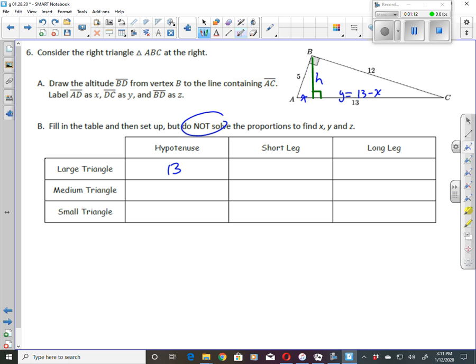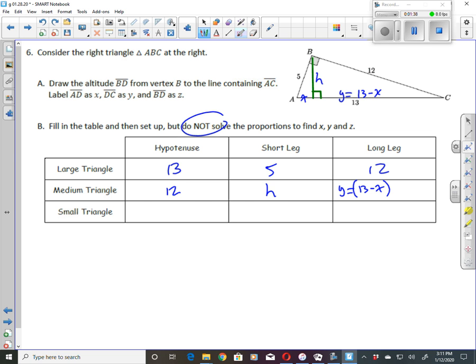Short leg is 5. Long leg is 12. Medium triangle, hypotenuse is 12. The short leg is h. Long leg is y, or 13 minus x, however you want to look at that.